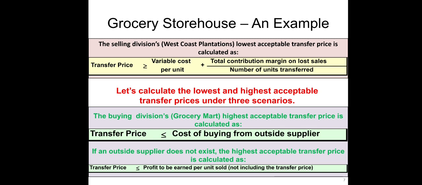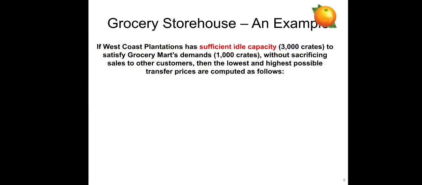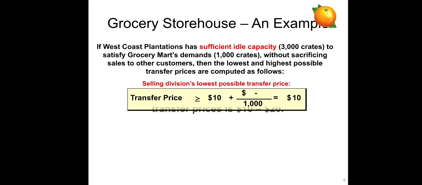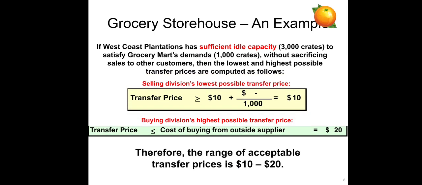So just remember, negotiation method means the manager from the selling department will negotiate with the manager from the buying department to set the specific price for the transfer of goods or services. Okay, if you have time, read this sample scenario.